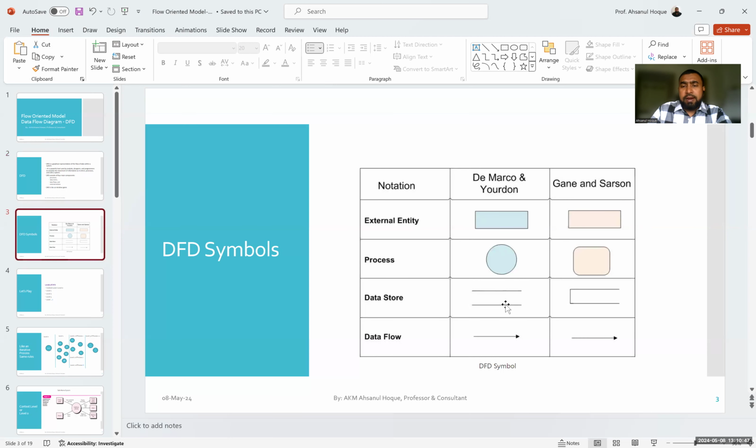For the data store, two parallel lines are used in the Yourdon symbols, but in the Gane and Sarson symbols it is two parallel lines with a connecting line. So it is something like this, and the data flow is the same. Only the process and data store symbols are a little different. As a designer, we have to follow either the DeMarco and Yourdon symbols or the Gane and Sarson symbols. We cannot mix these two. That is one of the rules for which standard we have to follow.